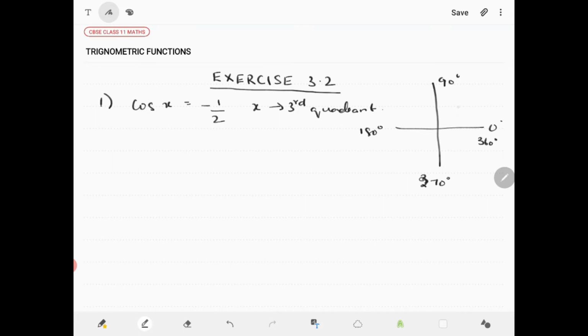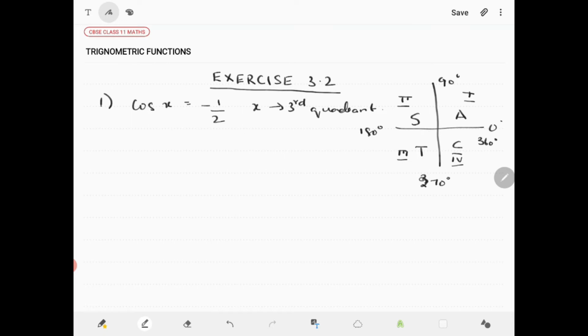The first quadrant, second quadrant, third quadrant, this will be the fourth quadrant. So this will be all sine, tan and cos. The first quadrant all are positive, second quadrant only sine is positive, third quadrant tan is positive, the fourth quadrant cos will be positive.